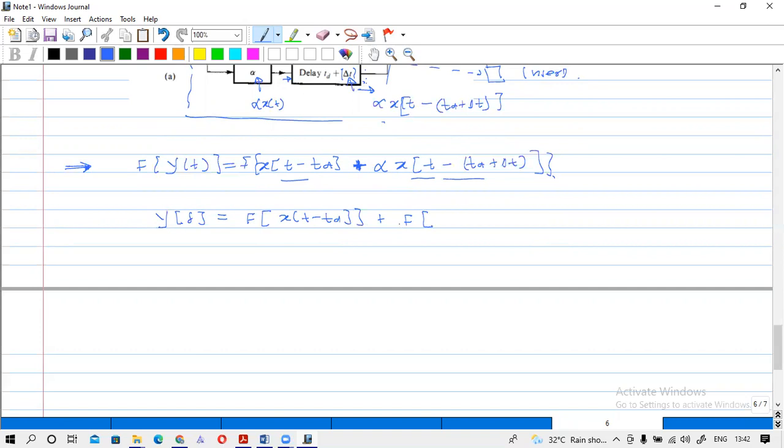And this alpha is a constant, so I will take that alpha out here, and you have x(t minus Td plus delta t).